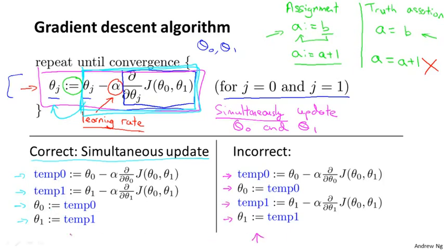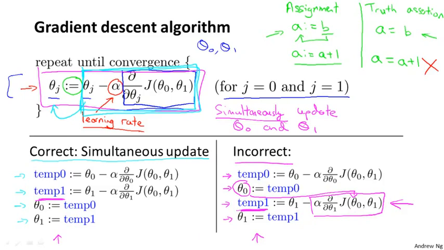And the difference between the right-hand side and the left-hand side implementations is that if you look down here, by this time you've already updated theta 0, so you would be using the new value of theta 0 to compute this derivative term. And so this gives you a different value of temp 1 than the left-hand side, right? Because you've now plugged in the new value of theta 0 into this equation. And so this on the right-hand side is not a correct implementation of gradient descent.